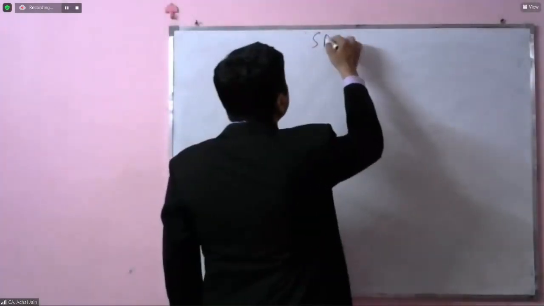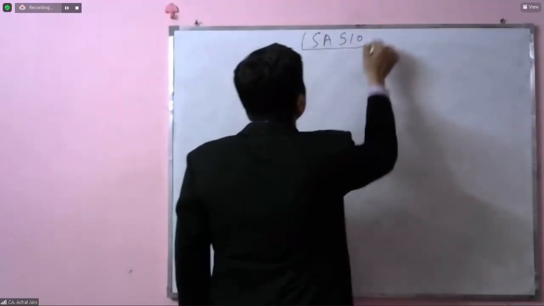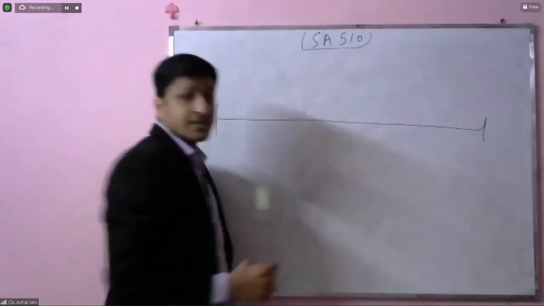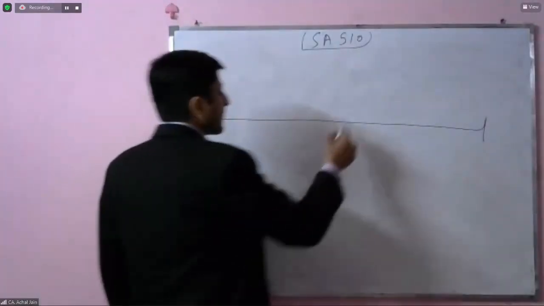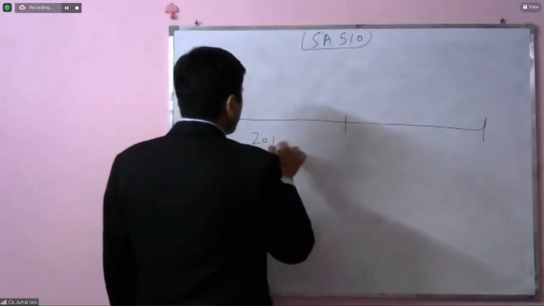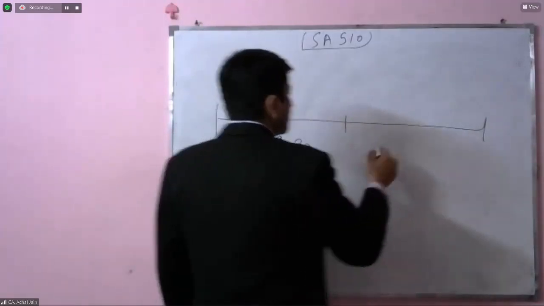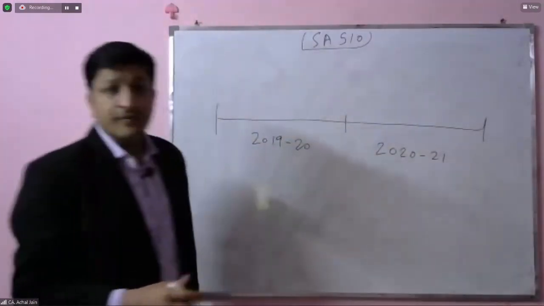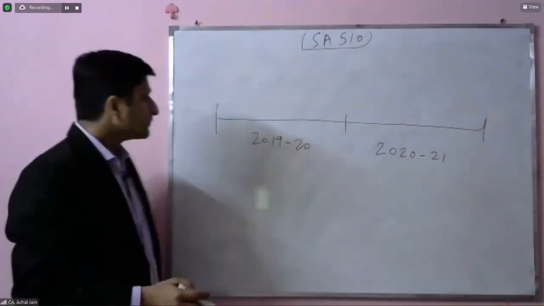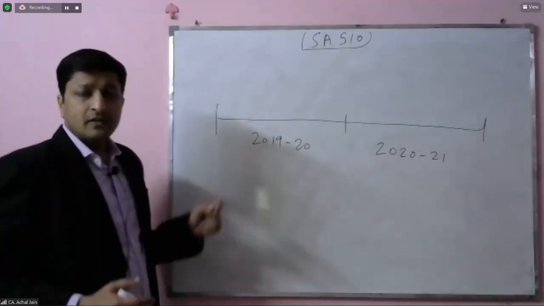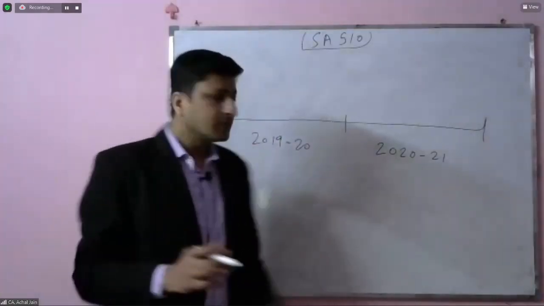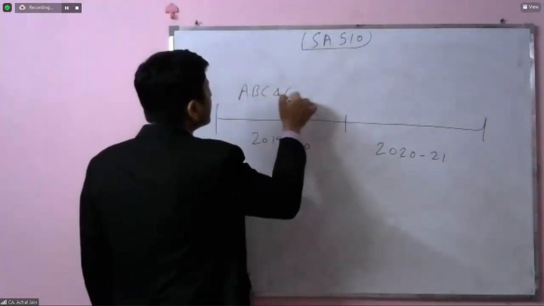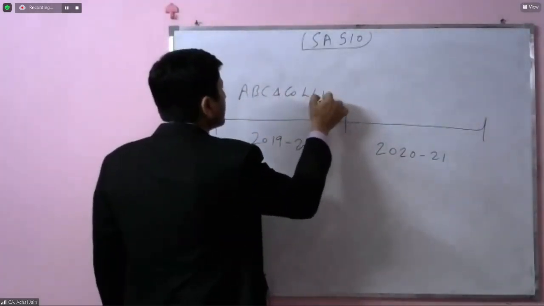So talking about SA 510, let's suppose we are discussing two periods. This is 2019-20 and this is 2020-21. So we have two financial years. For this financial year, audit is already completed, and the audit was completed by ABC and Company LLP.